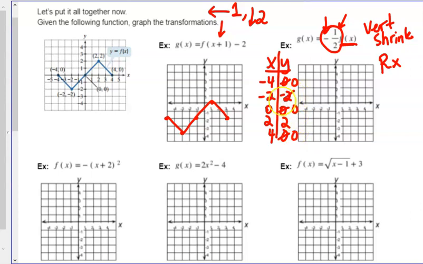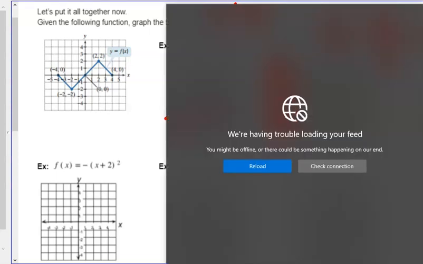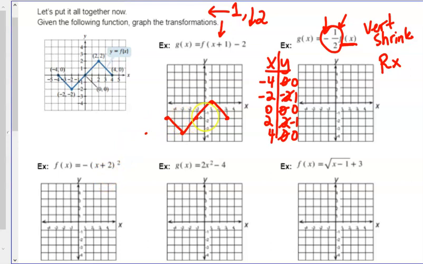Multiplying by negative 1/2 actually gives me a positive 1, and this one gives me a negative 1. You can work through that, multiply using your calculator if you have to, and that gives me my new points. So negative 4, 0, negative 2, positive 1, 0, 0, 2, negative 1, and 4, 0.